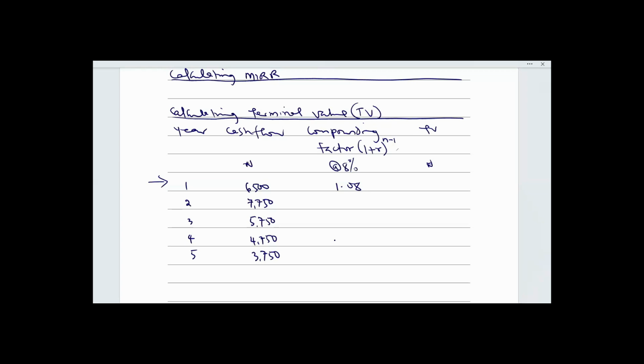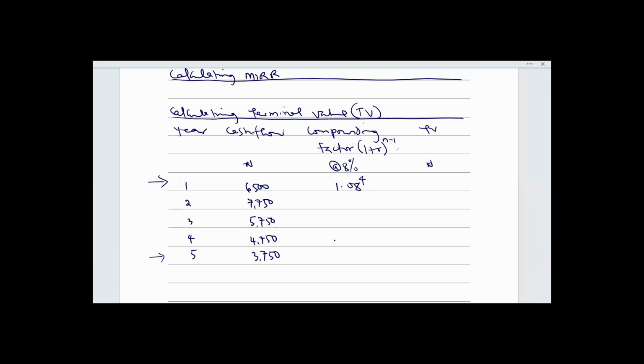The cash flow of year one, which is 6,500, you want to reinvest it. Therefore, you need to ask yourself, how many more years can you reinvest the 6,500? Of course, the year the 6,500 occurs, which is year one, is irrelevant because that's the end of the year. So you only have year 2, year 3, year 4, year 5, meaning that the 6,500, you can reinvest it for the next 4 years, which is the same thing if I say N is the useful life of this project, 5 years. So 5 minus 1 will give me 4.